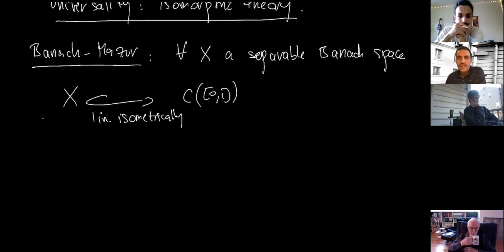So here the embedding is a linear isometric embedding. Now the space C of 0, 1 is obviously a separable Banach space. So you have a separable Banach space that contains a linear isometric copy of every separable Banach space.